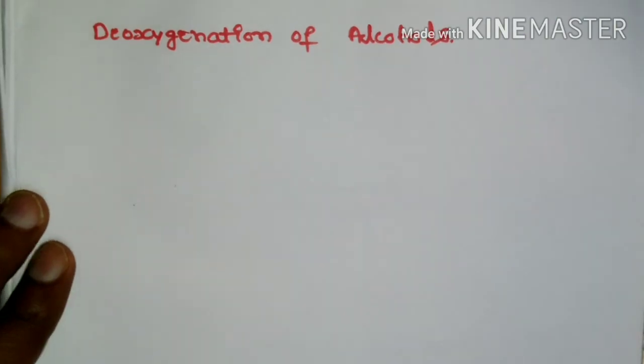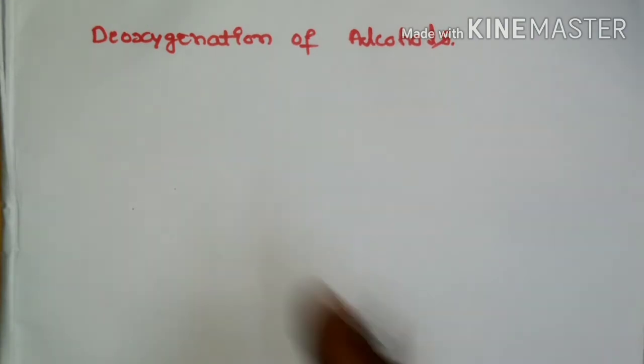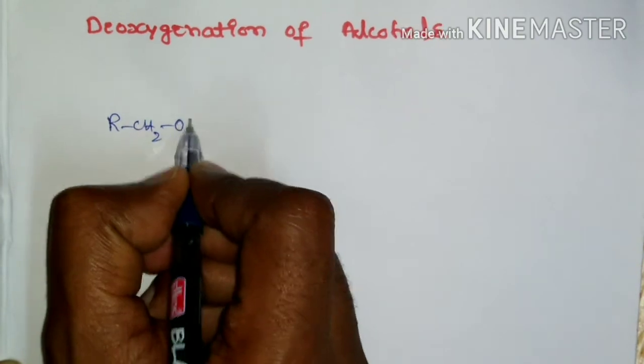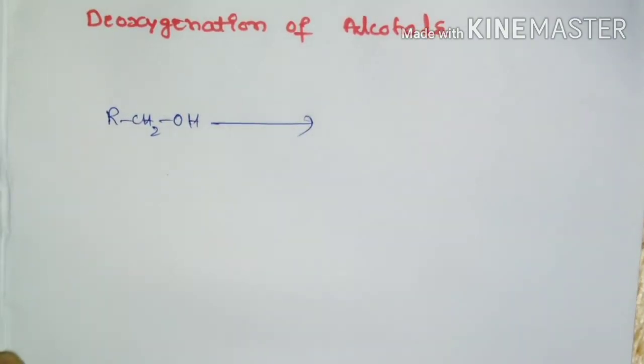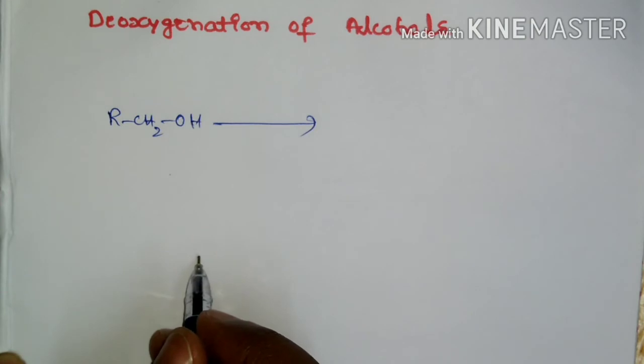The last application of tributyl tin hydride is deoxygenation of alcohol. Here the hydroxy group will be replaced by hydrogen. Take RCH2OH.